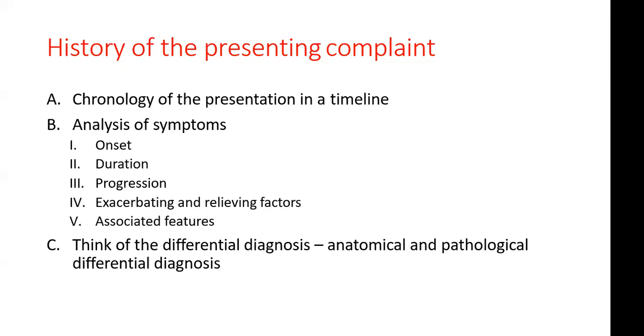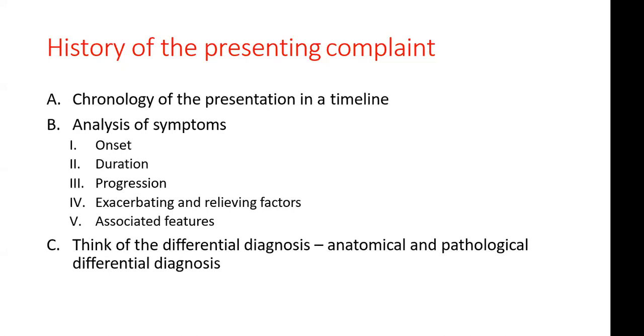And when you get the story of the patient, you will see the important symptoms emerging. Probably it will be 1 or sometimes 2 symptoms in your undergraduate cases. Always remember to make sure that within the chronology that you described, you have actually described the onset of the symptom, duration of the symptom, progression of the symptom, exacerbating and relieving factors, and associated features.